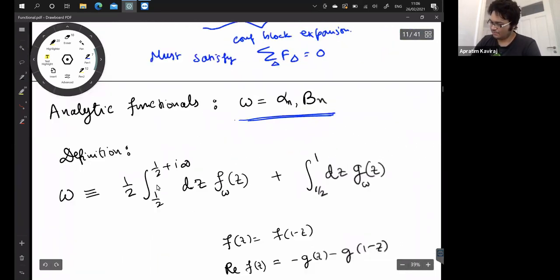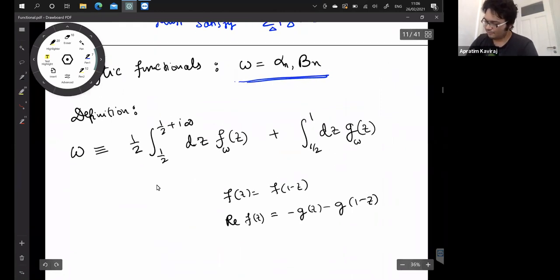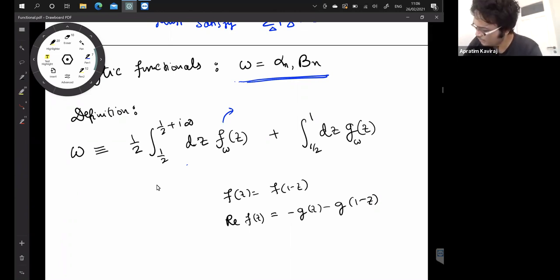as follows. They're defined by an integral of dz and a certain functional kernel f, and another integral over this region, and another functional kernel g.